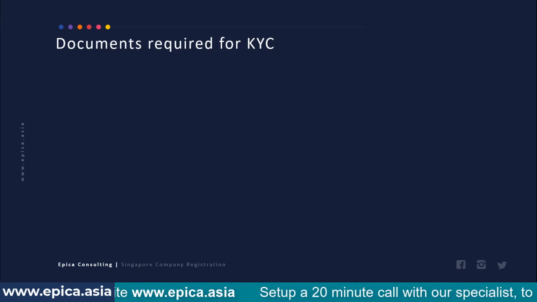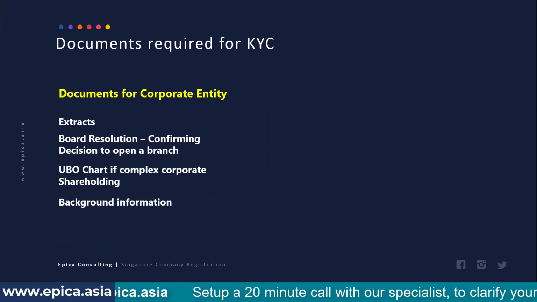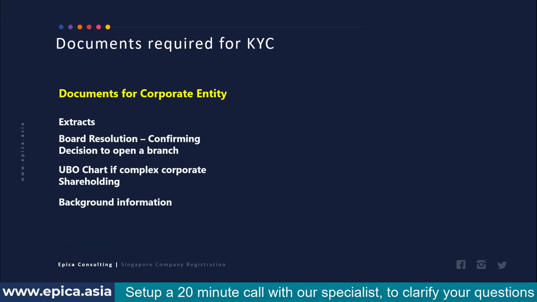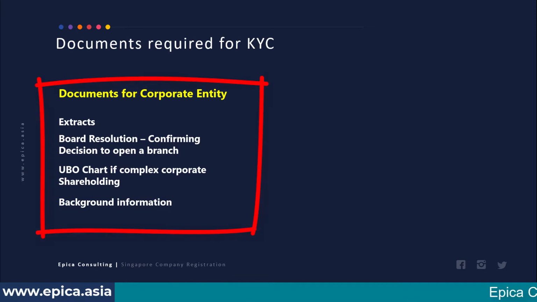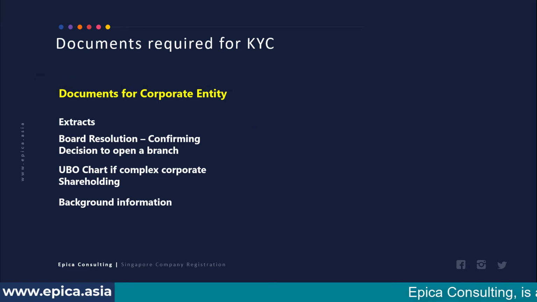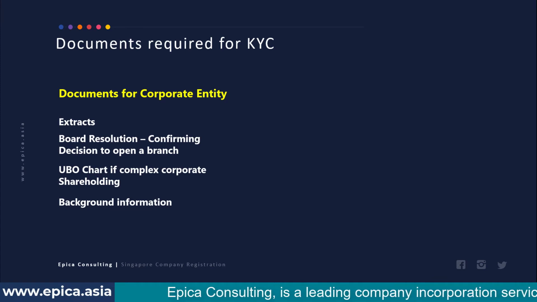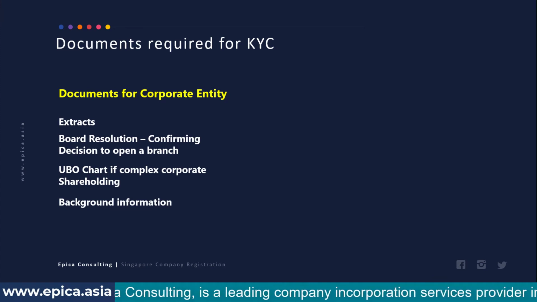First, in relation to the parent entity which is registering the branch, we require these documents. The first is the official extract of the corporate entity from your home country. Every country has a government authority which manages registration and maintenance of corporate entities, typically called corporate house or corporate affairs.